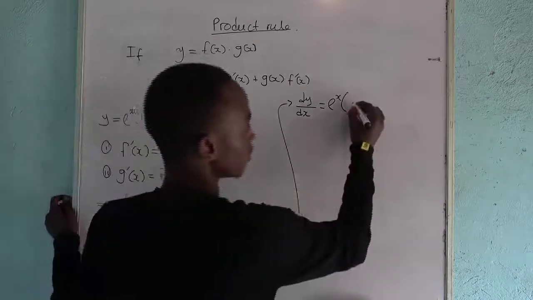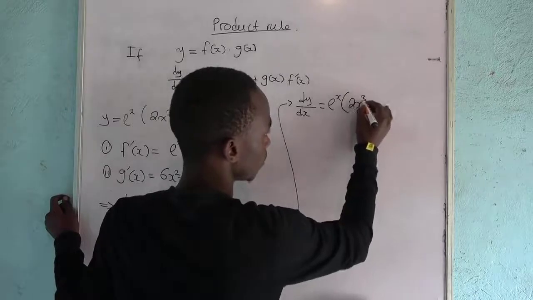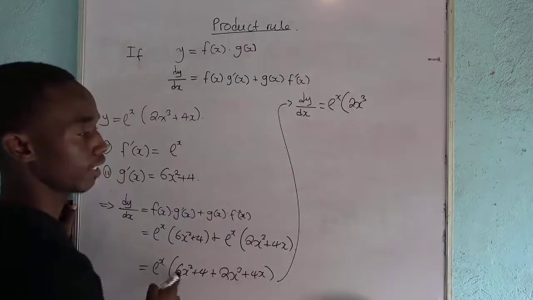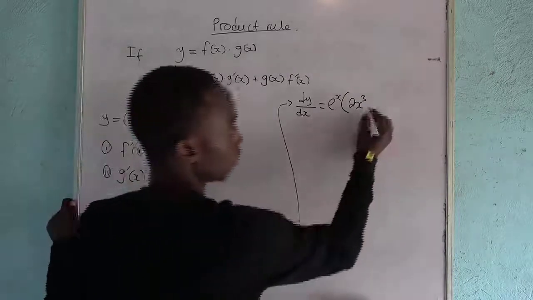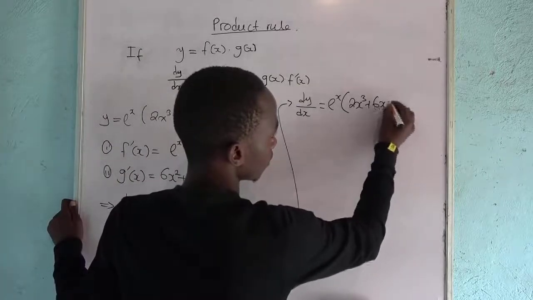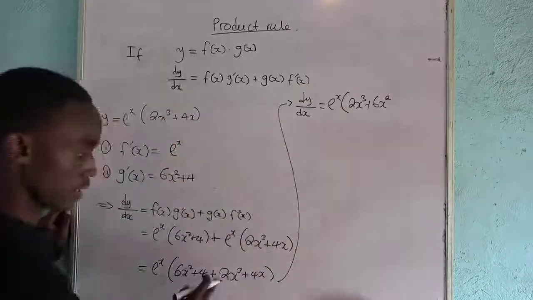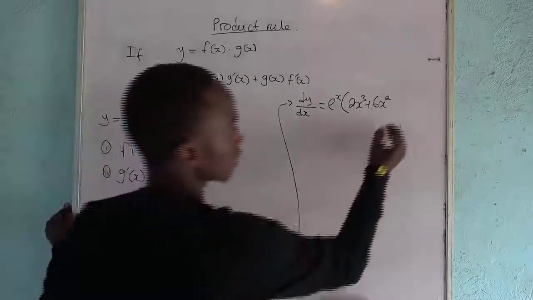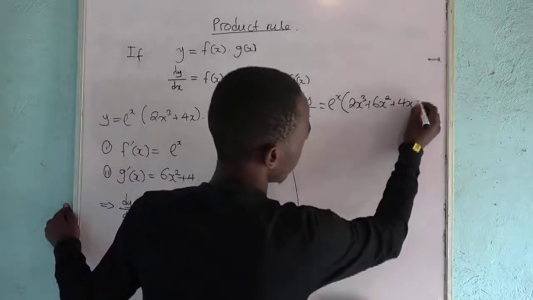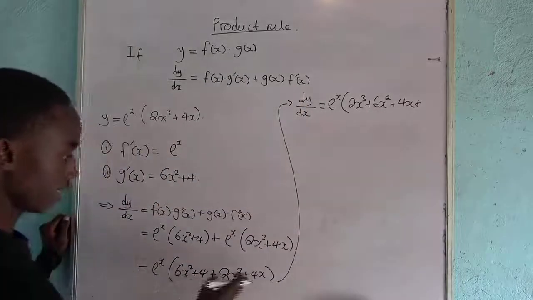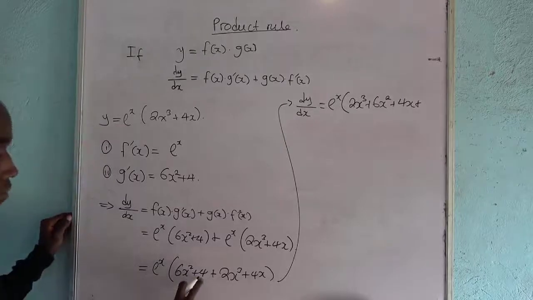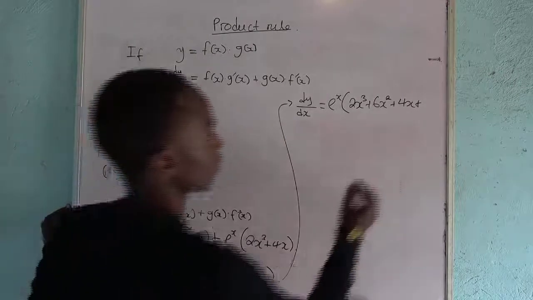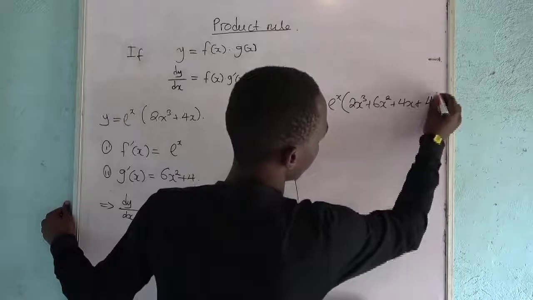So you can say 2x cubed, and then what follows is 6x squared, plus 4x, plus the last thing that we have here, a 4, so you can write a 4 there.